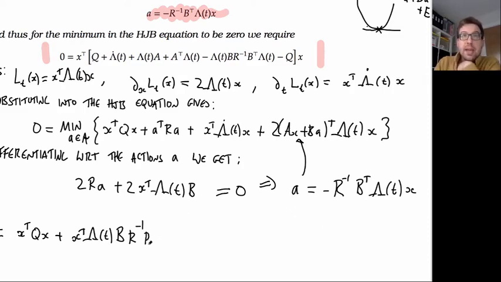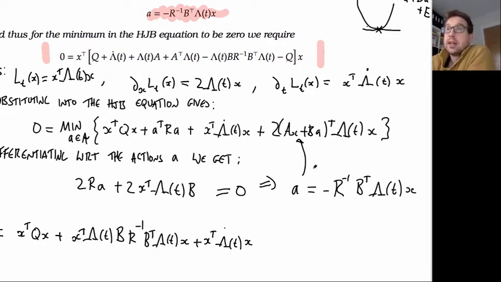Times B transpose lambda t of x. I think that's right. That's a bit messy here. Then I'm going to get this condition from over here: x transpose lambda dot of t of x. Now we've got this, and it's going to get a little bit tricky. In fact, I'm just going to write down the answer.